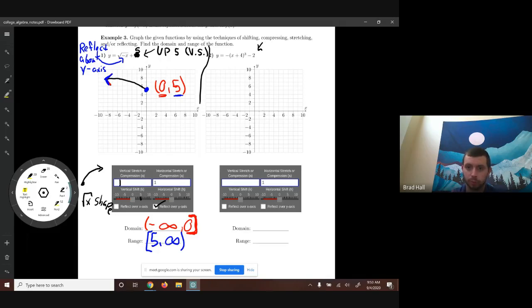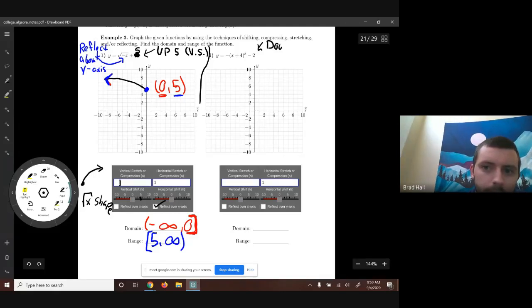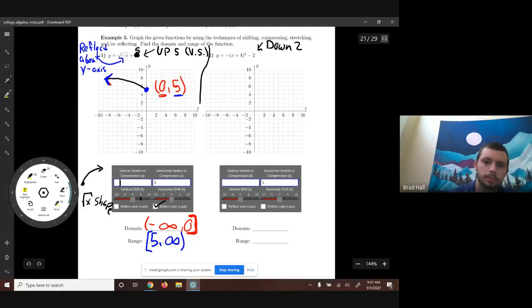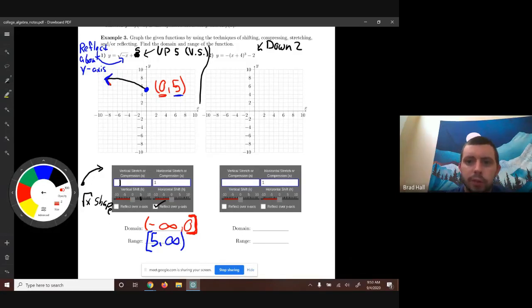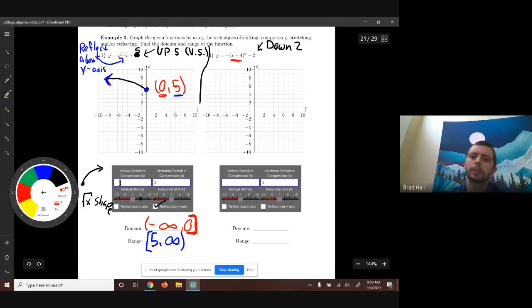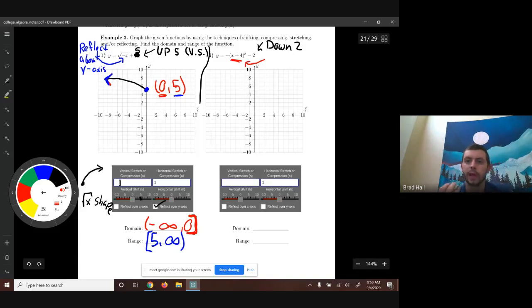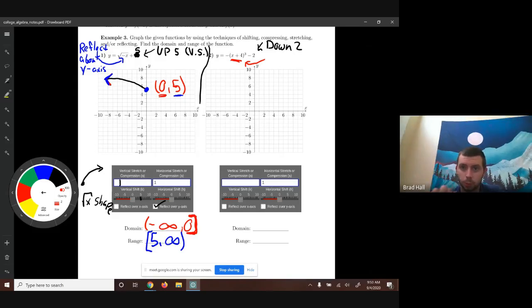We are subtracting 2 from the function as a whole, which means we will be going down 2. Additionally, there is the 4 that is being added to the x directly, which would tell us left or right. In particular, it's the direction opposite of the sign. So if we're adding 4, we go to the left 4.